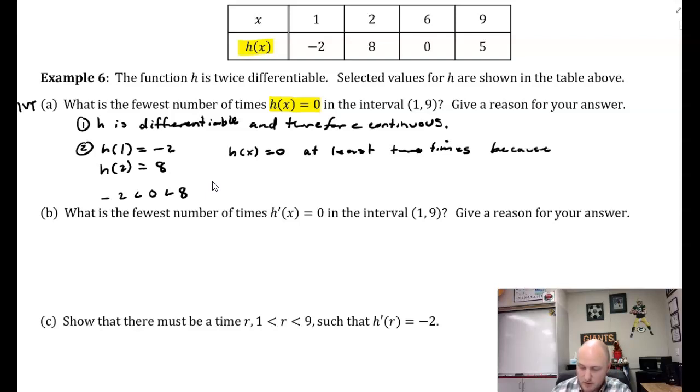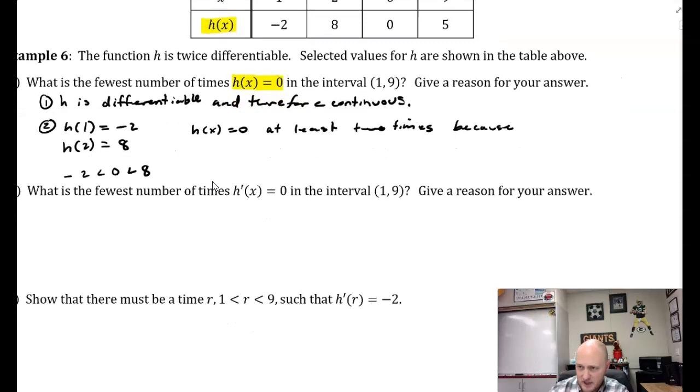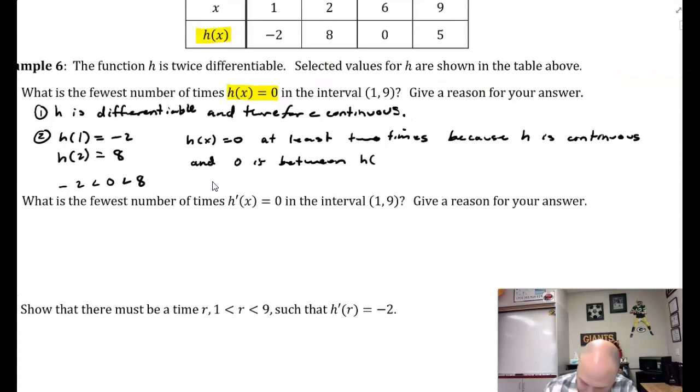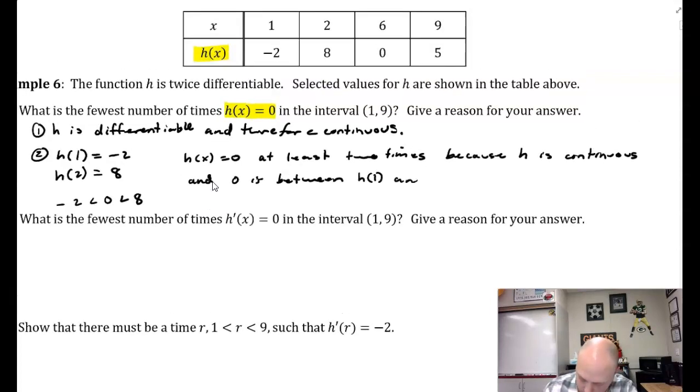Because, and here's where I'm going to use my justification, because h is continuous, and 0 is between h of 1 and h of 2.